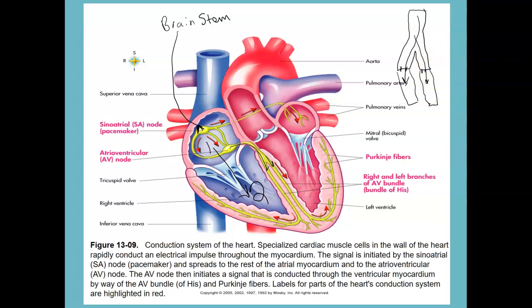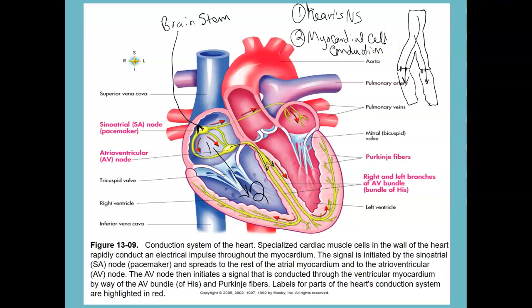So information and conduction in the heart happens at two levels. Number one, through the conduction system, through the heart's nervous system, and number two, through the myocardial conduction. So I call that myocardial cell conduction.